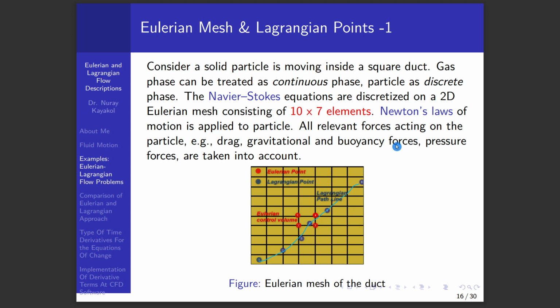So all you need to do is apply Newton's law of motion and calculate the forces acting on the particles, like drag, gravitational, and buoyancy forces, whatever is specific to this problem. This is how gas and particles are treated in the Eulerian-Lagrangian approach. So red points are the Eulerian points, and blue ones are the Lagrangian points.